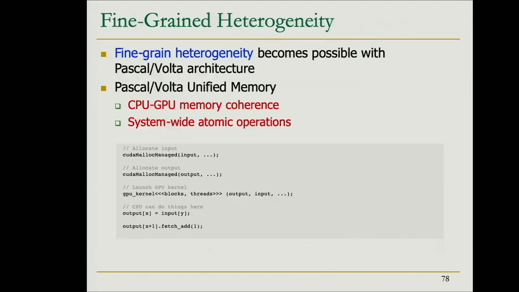The good thing is that with unified memory, as it already exists in the Pascal and Volta architectures from NVIDIA, but also in the HSA architecture from AMD and other vendors, the kernel is launched with these arguments, output and input arrays, and as soon as I launch the kernel, which is a completely asynchronous operation, the CPU can continue computing and can directly operate on these arrays that are also being operated on by the GPU kernel.